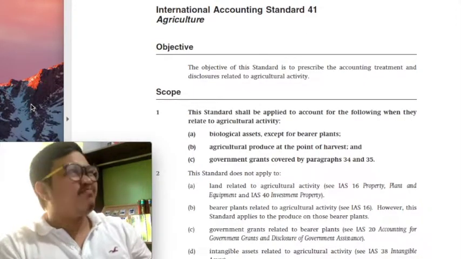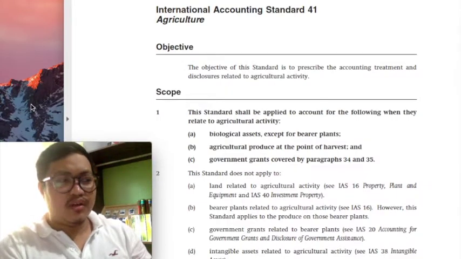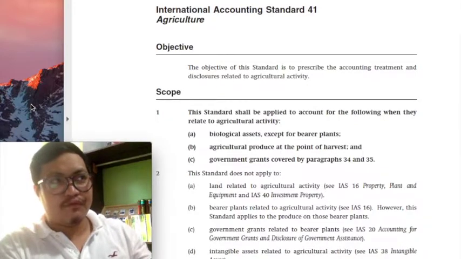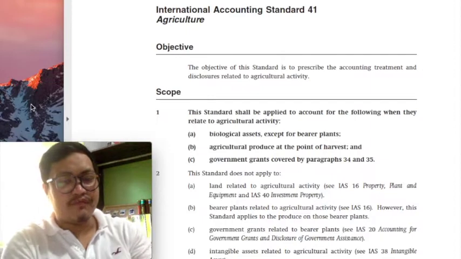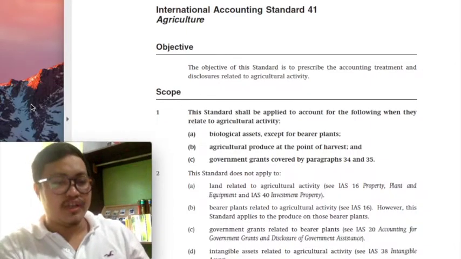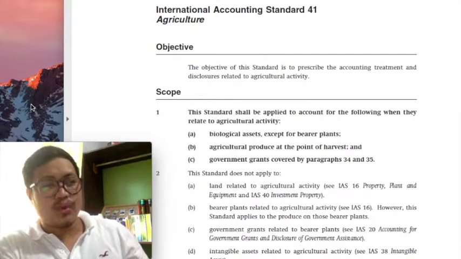Third, class, government grants in relation to biological assets. Okay, but when we go later on to paragraphs 34 and 35, class, the provisions there concerning government grants in relation to biological assets conform to the rules provided in PAS 20.